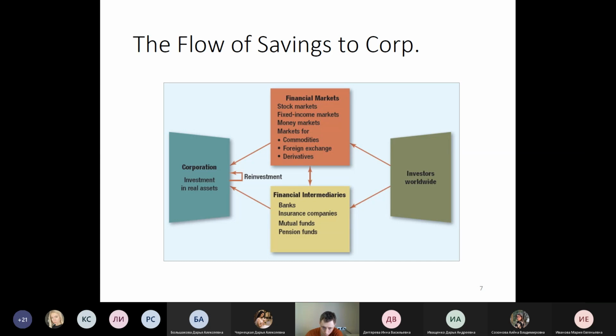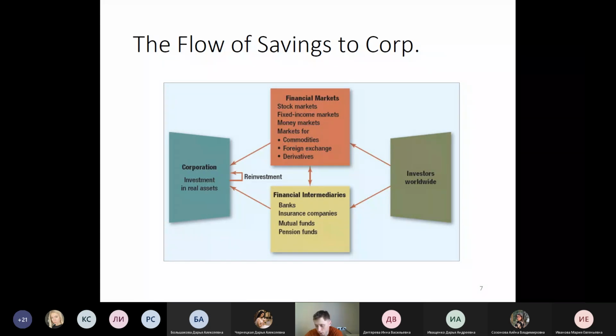This is the structure of the monetary flow between different institutions on the financial market. Corporation has some money, generates profits, can reinvest.